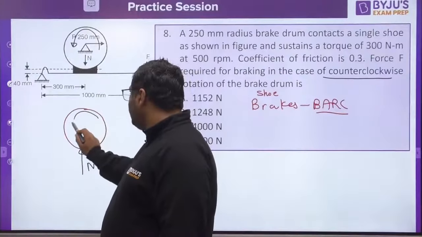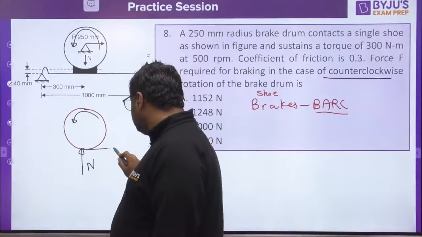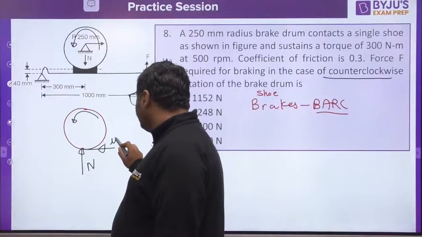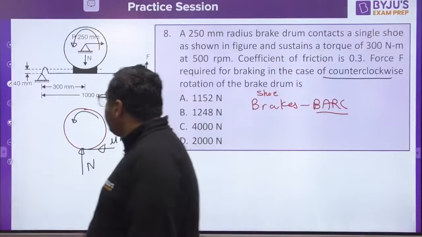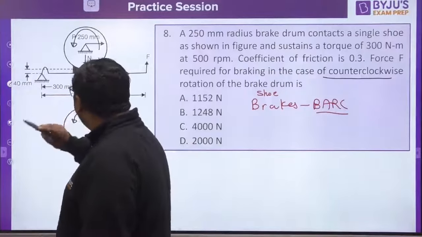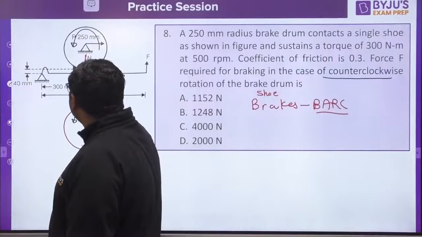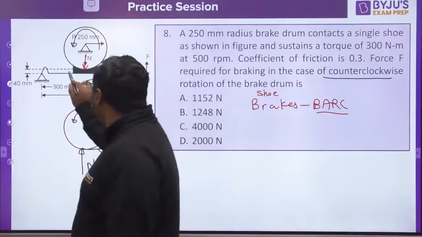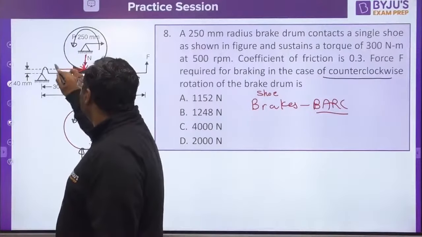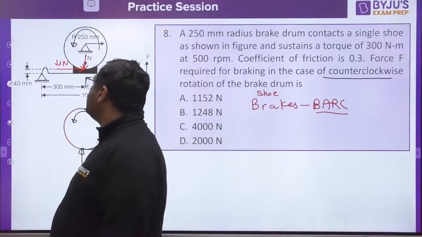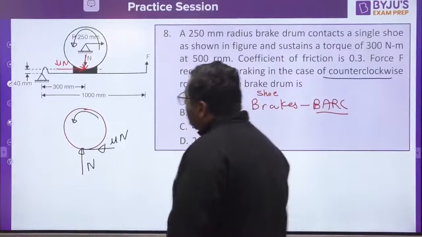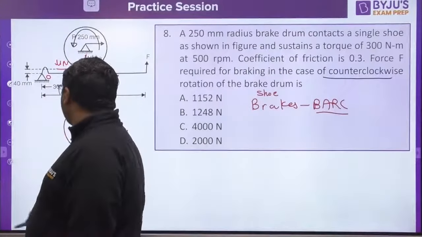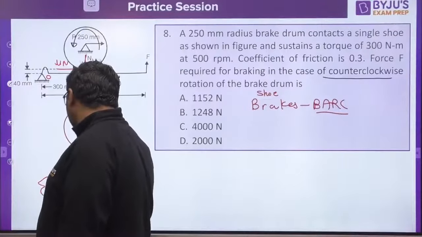So if it is rotating anti-clockwise, this is going to be the mu N. And my dear, if you see the shoe, then on the shoe, this would be the N. And if friction is here, here friction would be mu N. So guys, this is point O and you need to put summation moment O is 0.